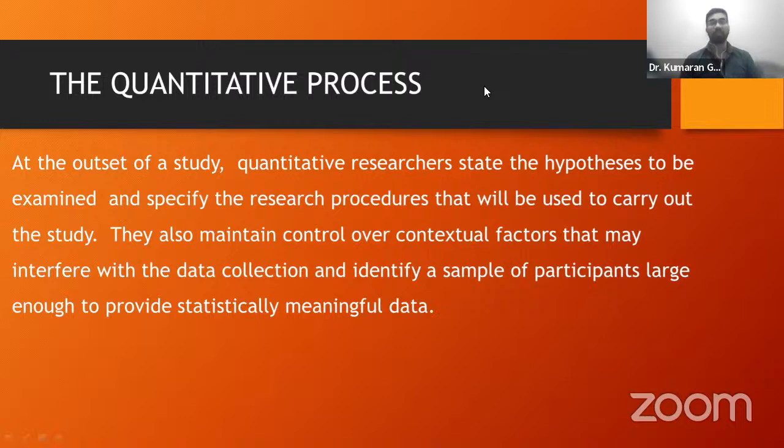Then we have to use Krejcie and Morgan sampling, or we can also use power sampling, to get the sample from the population. So we can get meaningful statistical data which can define our research as a quantitative process and quantitative research.